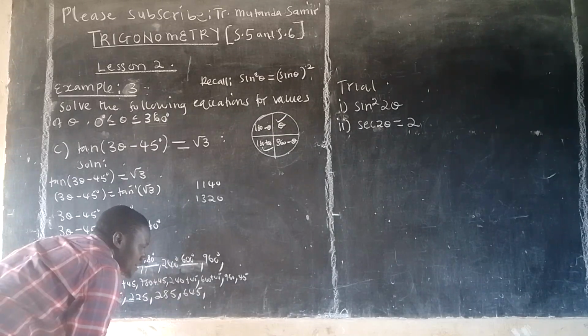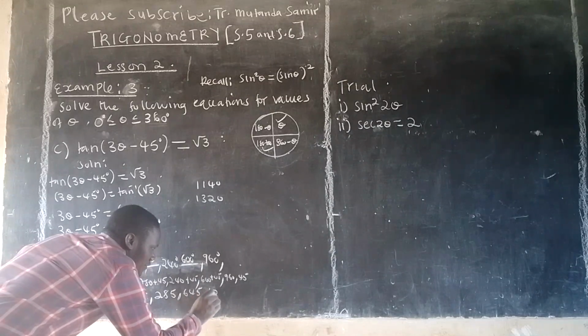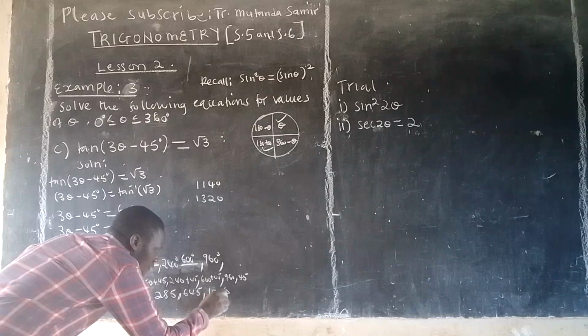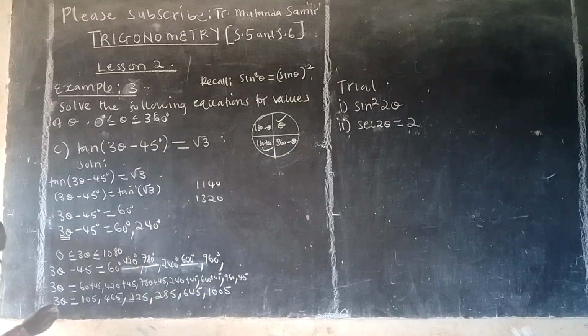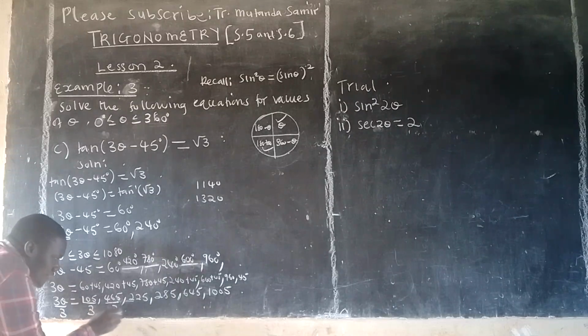Lastly, we have 960 plus that will be 1005, like that.